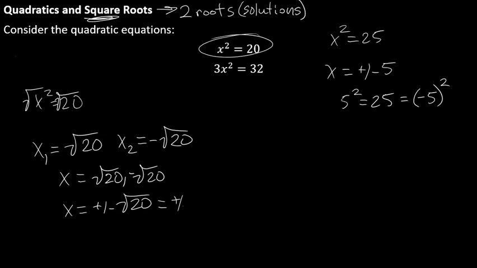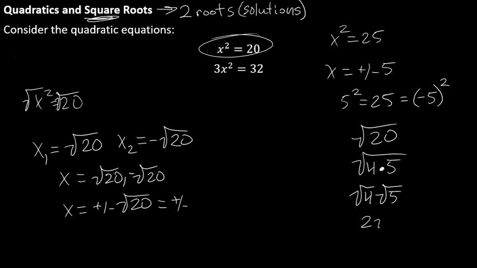We could say plus or minus the square root of 20, but if you remember back from geometry, we can factor this radical expression of square root of 20. We can say that this is the square root of 4 times 5, right? And if you remember the laws of radicals from geometry, it's the square root of 4 times the square root of 5, and the square root of 4 is 2.